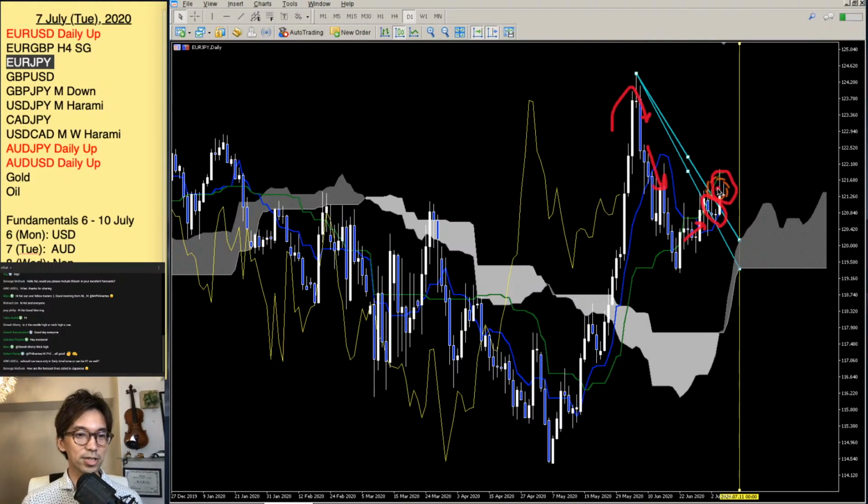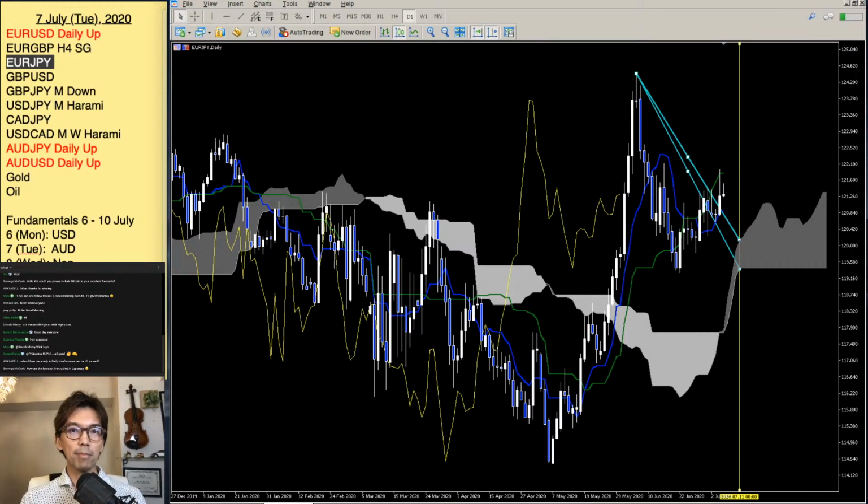Of course, there's no 100% guarantee, but you can expect which way the market will be moving from there. So this is what we call forecast lines, and here is how you can draw them.